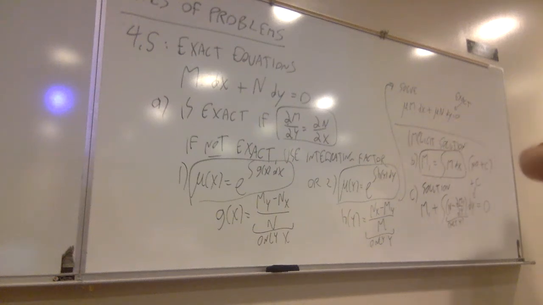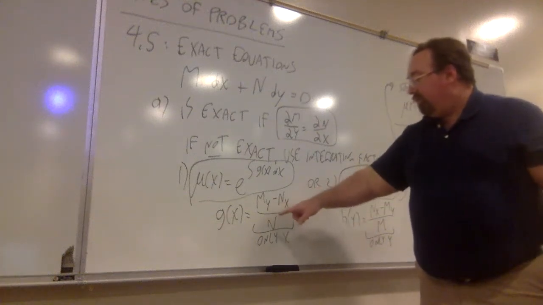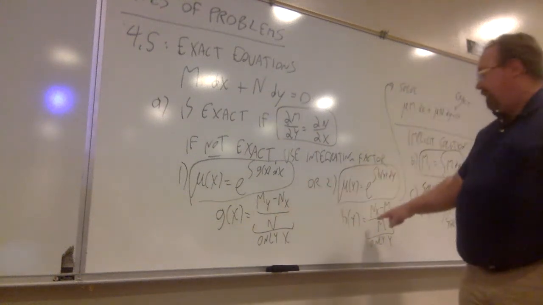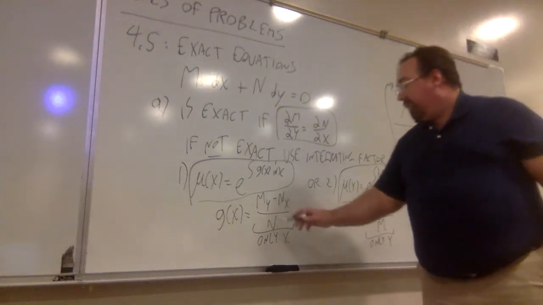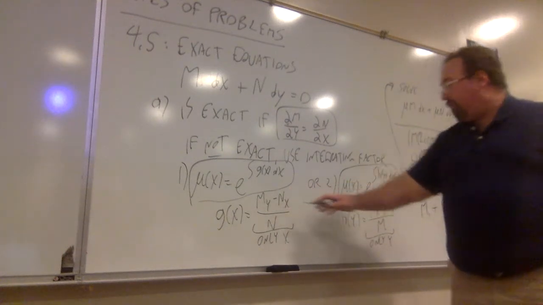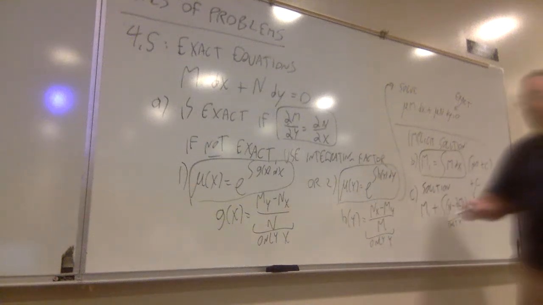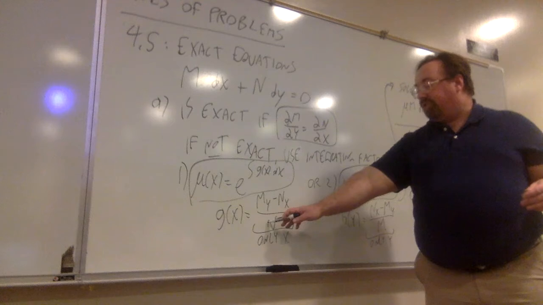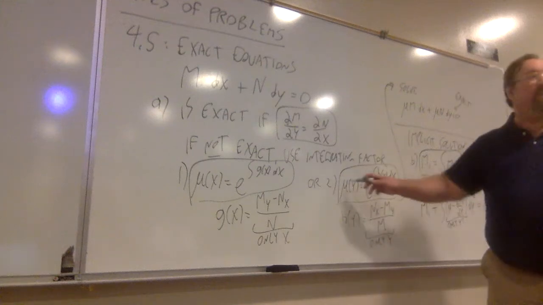To get that something, what you should do is write down this expression and this one. Just go ahead and form these and simplify as much as you can. If this is a function of only x, or if this is a function of only y, then you do the appropriate integrating factor formula.